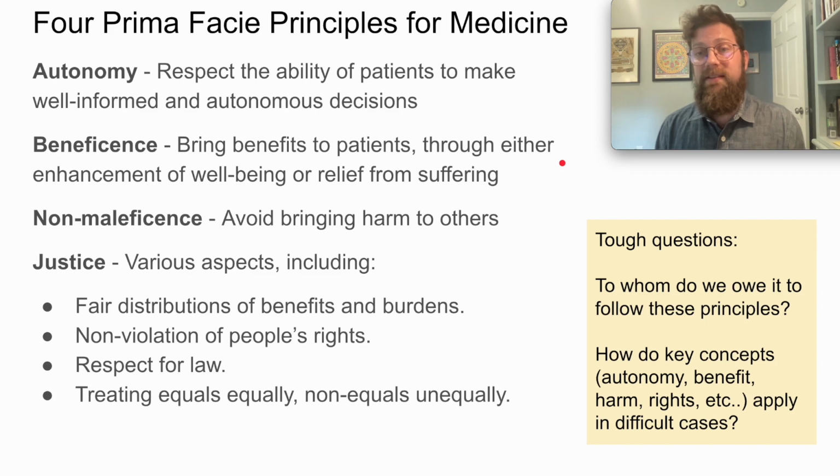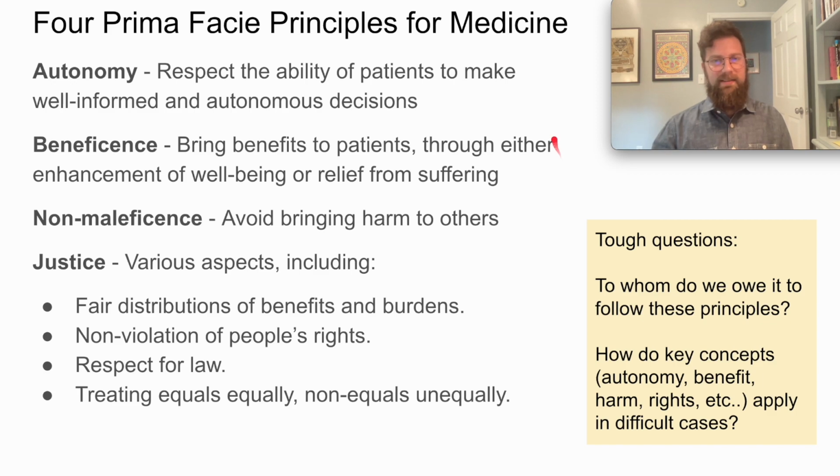You have duties to help those and relieve the suffering of those who have been taken on as the patient of a healthcare provider. If somebody else is not your patient, it's not your job to advocate for that individual. Right? So that might be one important question about the scope of these ethical principles.